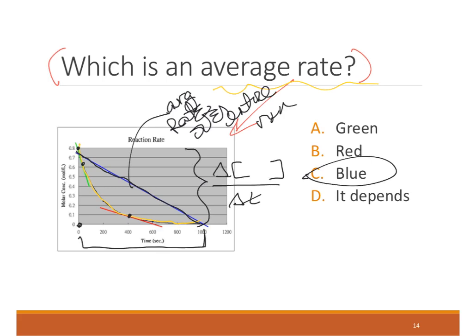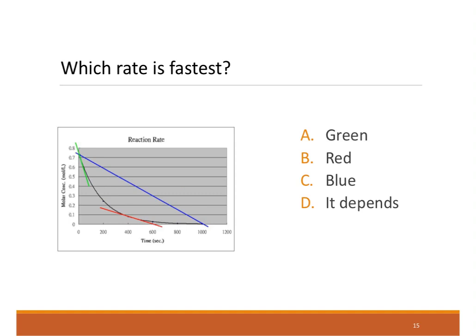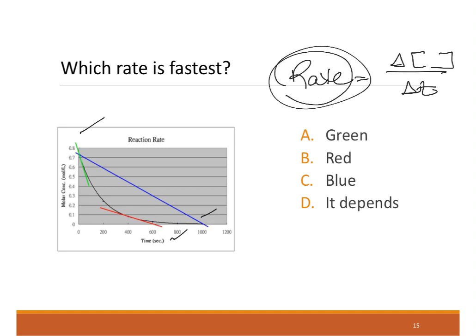Now answer this question. Which rate is the fastest? Is it the green line, the red line, or the blue line? Again, let's look at the equation for rate: change in concentration over change in time. Which one is largest? The larger the rate, the faster it is, right?